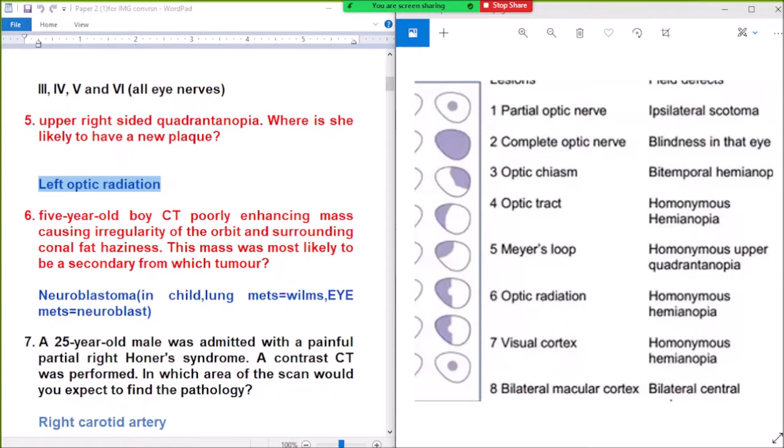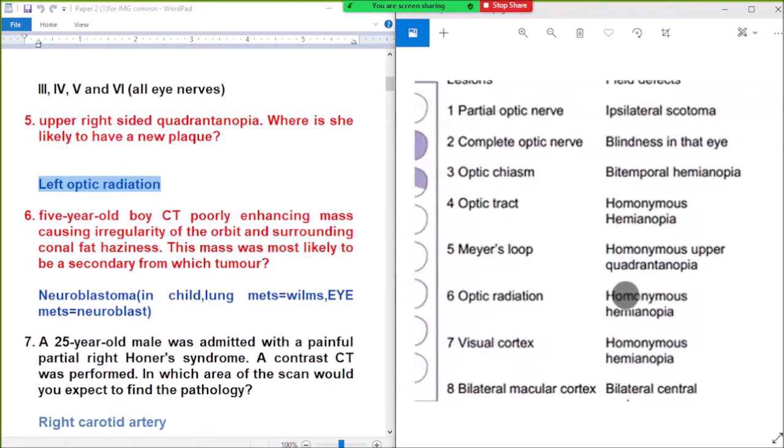You don't need to learn every detail of these lesions, but remember the common ones. Optic chiasm lesion causes bitemporal hemianopia. Complete optic nerve lesion causes blindness in the eye, and optic radiation damage causes homonymous hemianopia. So upper right side quadrantanopia means the left optic radiation is most likely damaged.